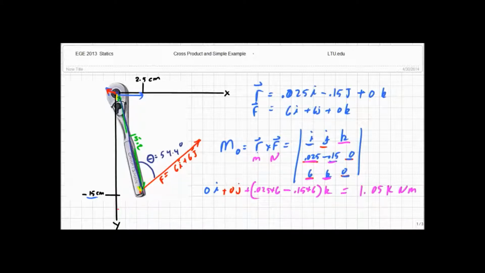And that's the same answer we got last time. That's our example. It's pretty straightforward.